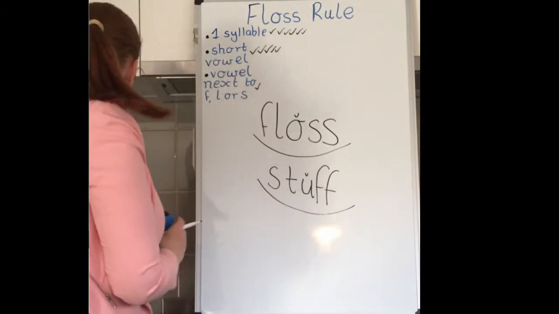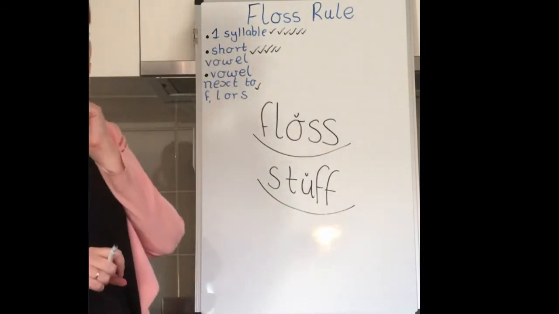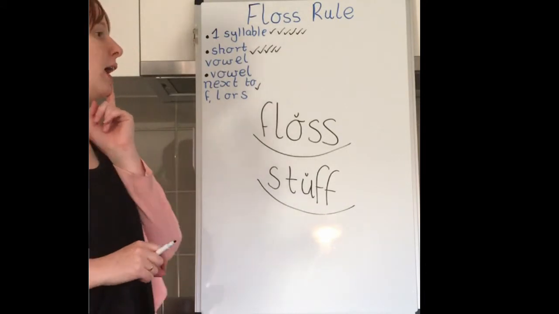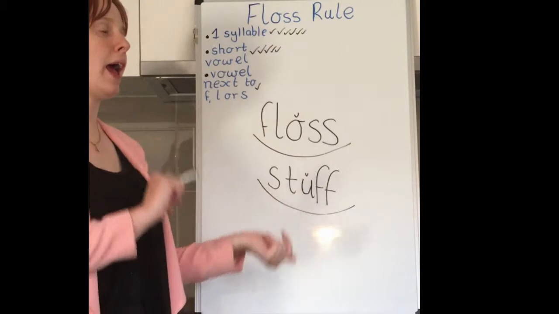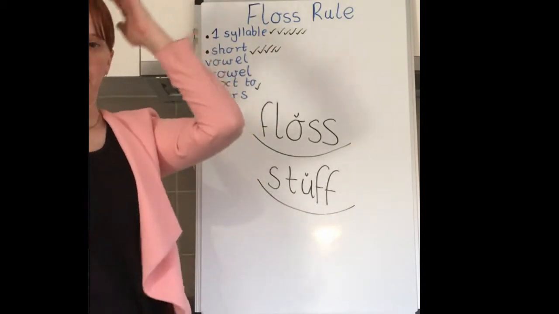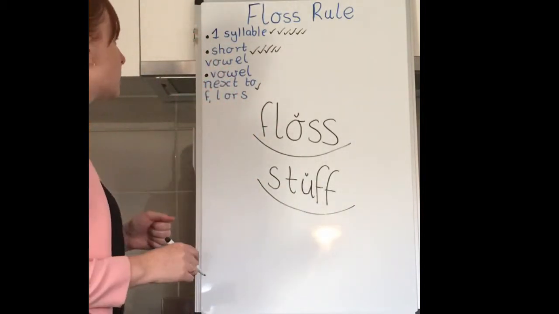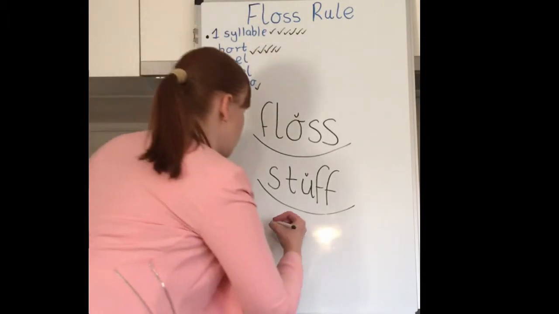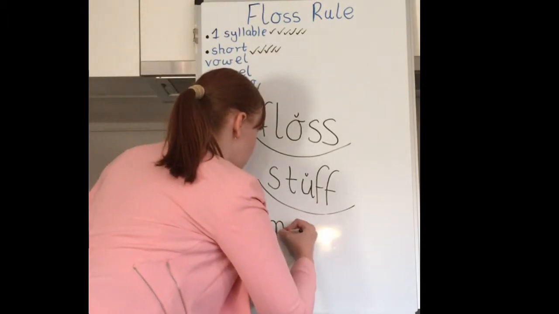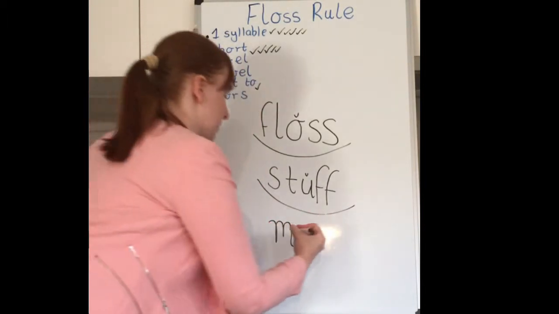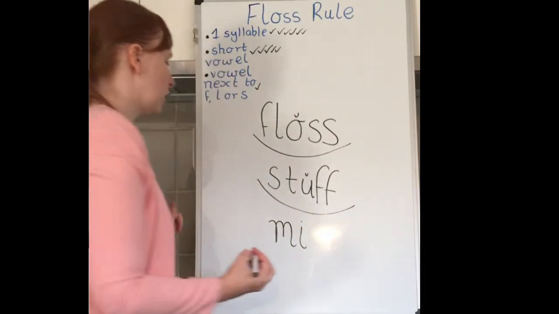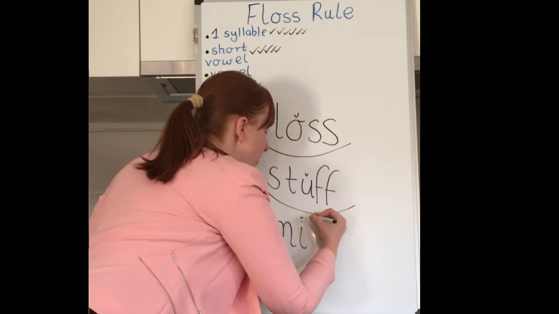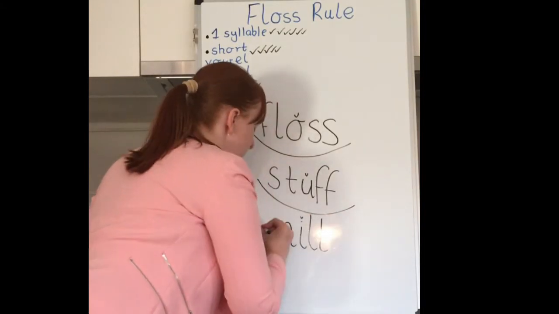Another one might be, let me think. Oh, I know. Mill. How many beats are in the word mill? One syllable. It's a short vowel. Double the L. Mill.